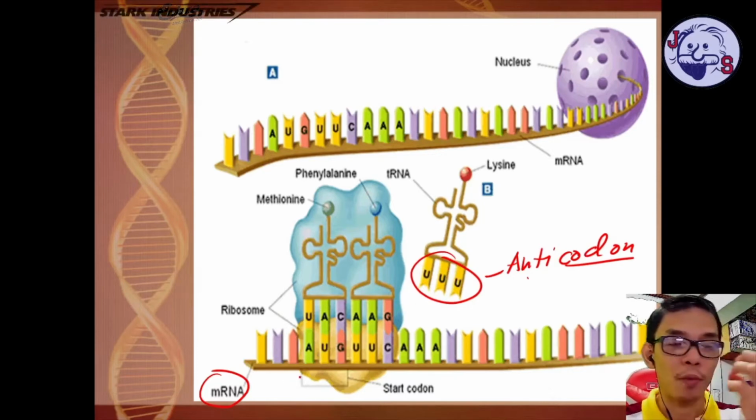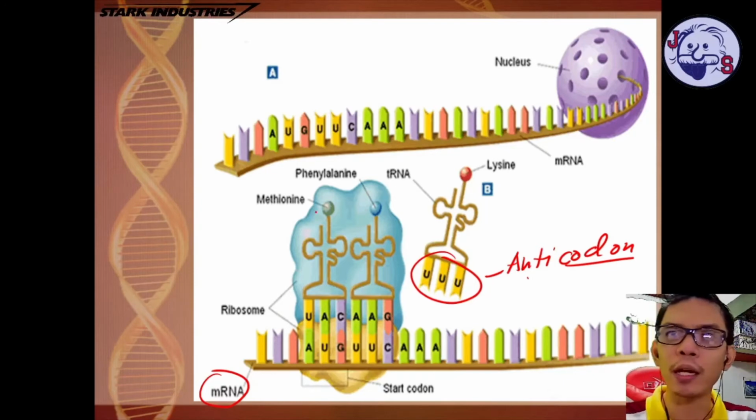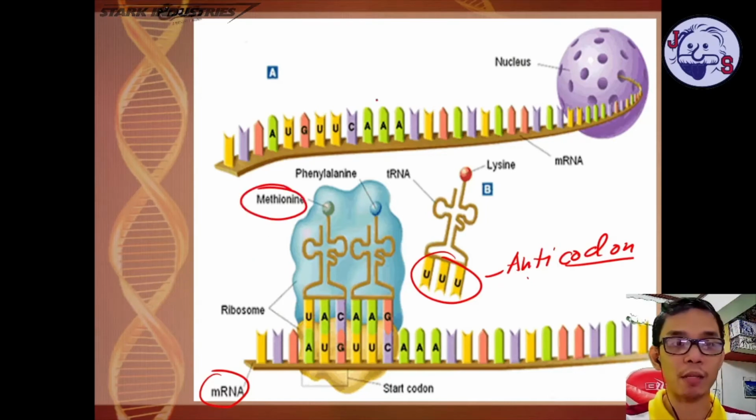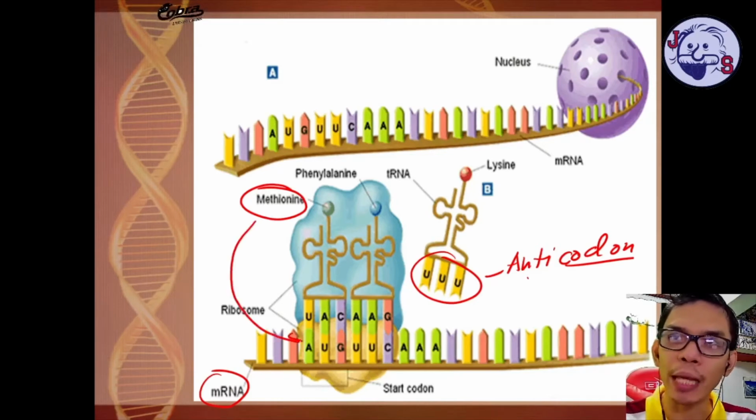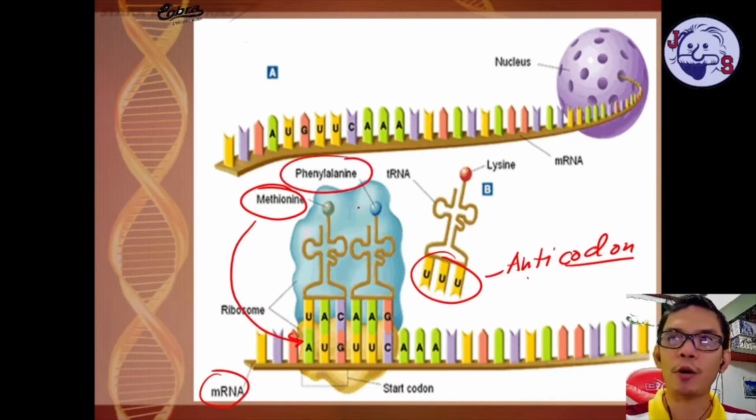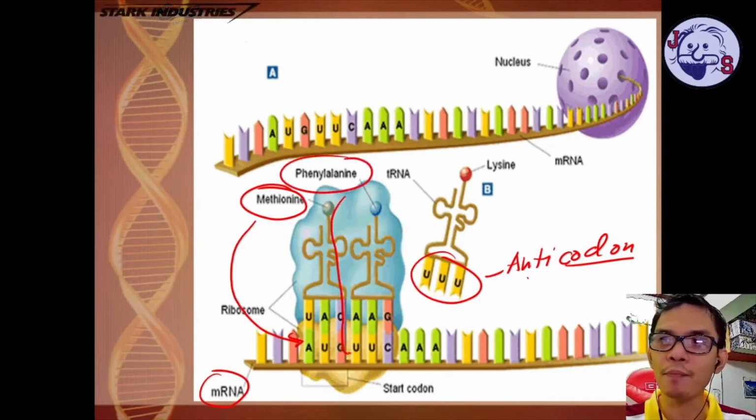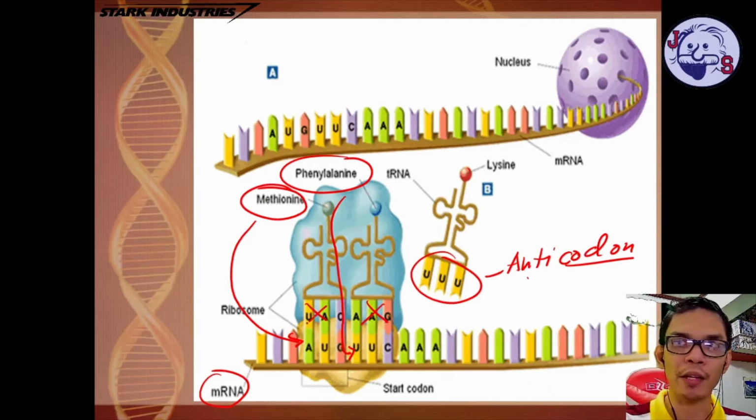All right? Now, if you're going to take a look at this one, the amino acid that you have right here follows the template from the mRNA. Okay, I repeat, the phenylalanine that you have over here follows the template that was written on the mRNA, not on the tRNA.